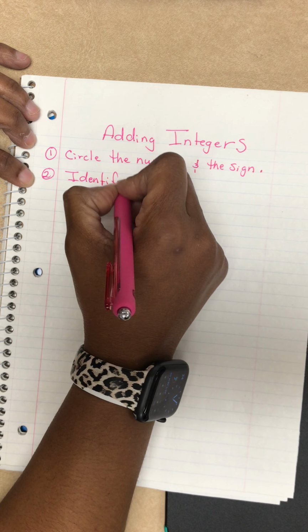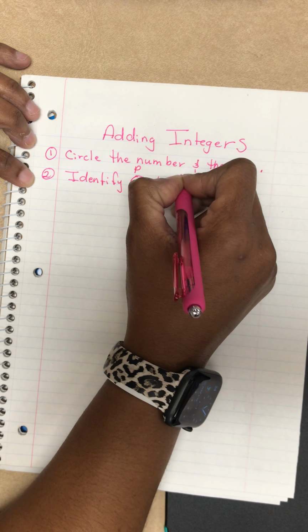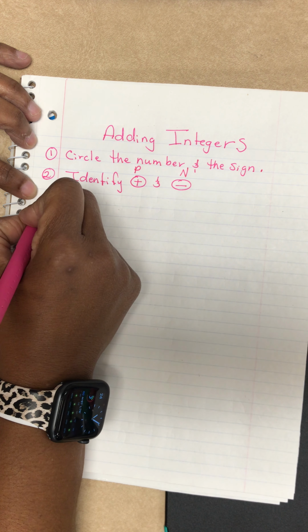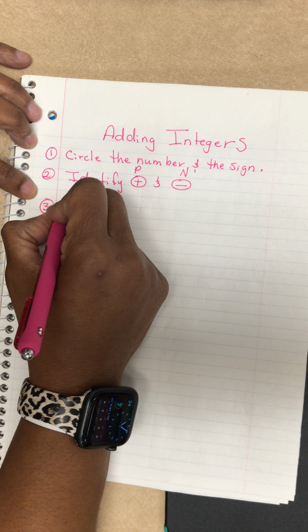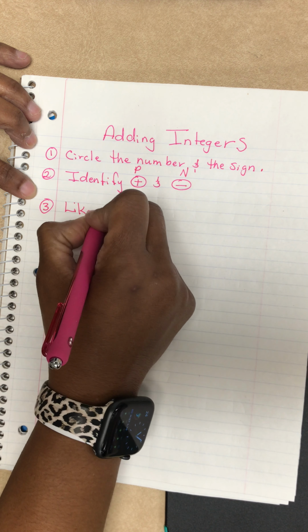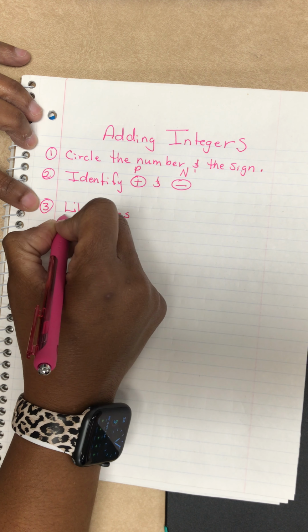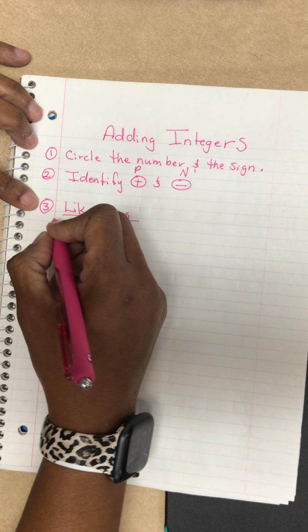You circle them, so that's going to be a positive. This is going to be a negative. And the third step to remember is that like signs, you got the like sign, so you have two positives.